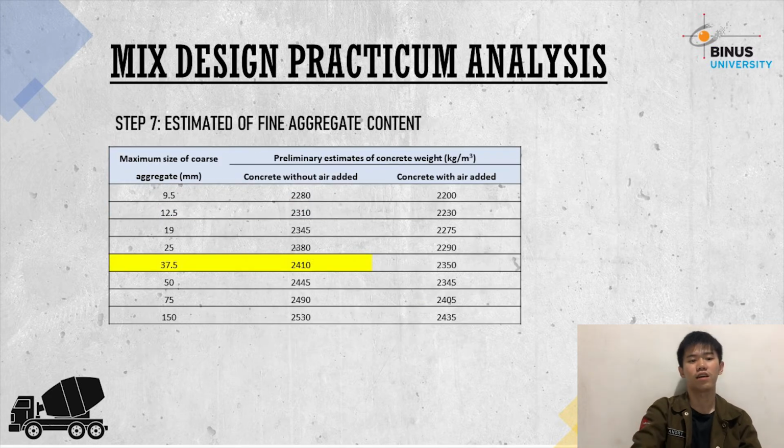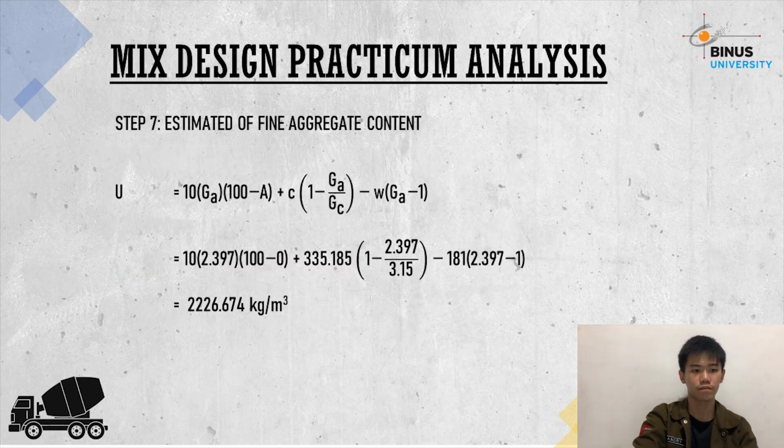Then, to estimate the fine aggregate, there are two methods. The first method is based on mass and the other method is based on volume. In this practicum, the method used is the mass basis. To get the fine aggregate value, we can simply subtract the water, cement, and coarse aggregate from the total amount of mixture. The total amount of the mixture can be obtained based on the table or with the formula shown here.